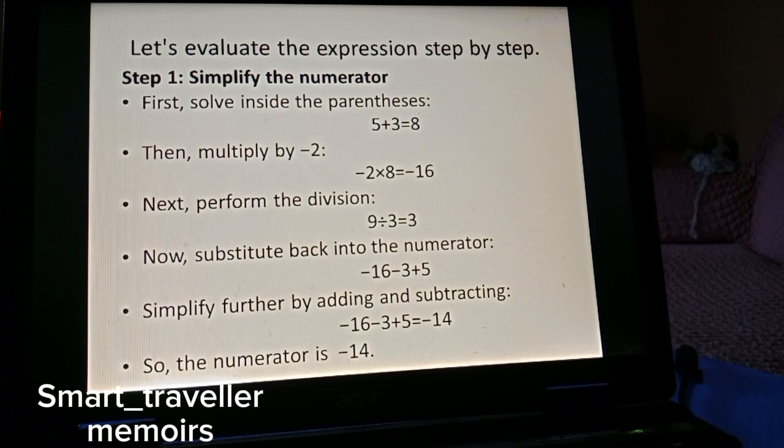Next, perform the division. 9 divided by 3 is 3. Now substitute back into the numerator. Negative 16 minus 3 plus 5. Simplify further by adding and subtracting. So the numerator is negative 14.